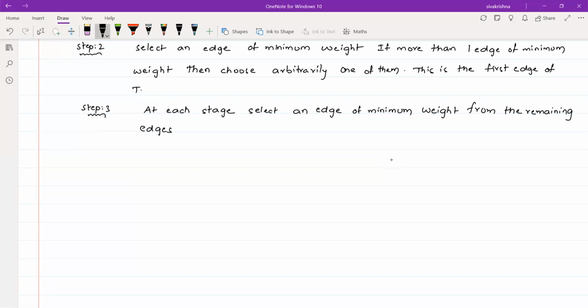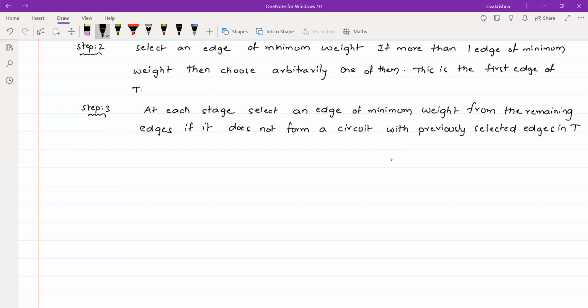So from the remaining edges of G, if it does not form a circuit with the previously selected edges in T, that is what we have to keep in mind.